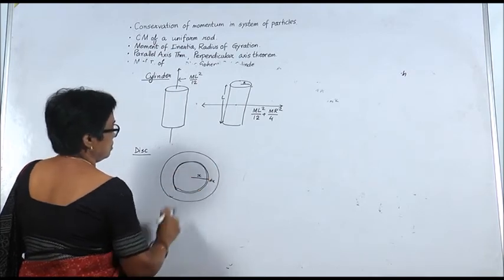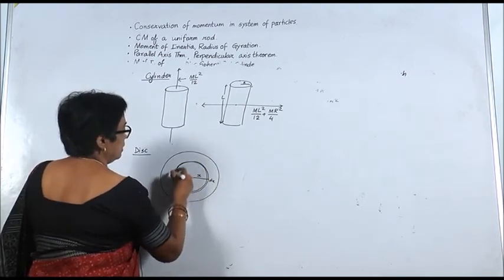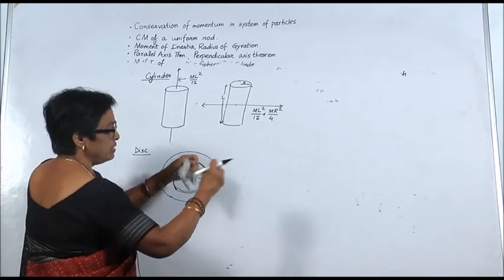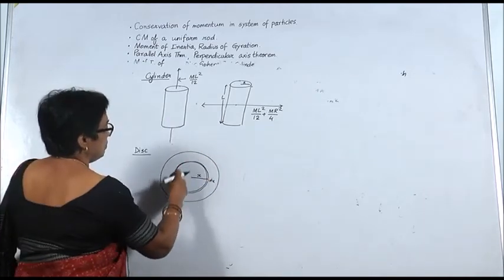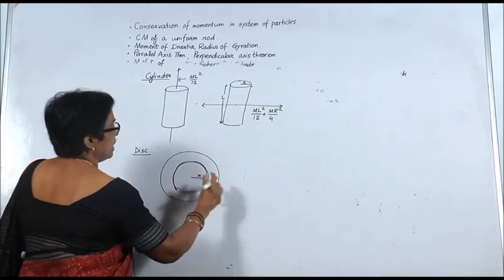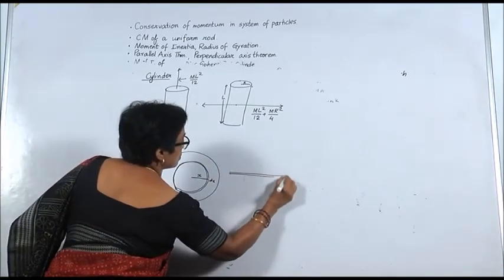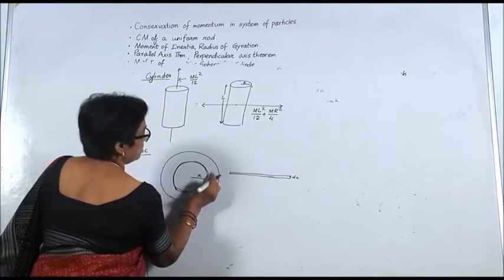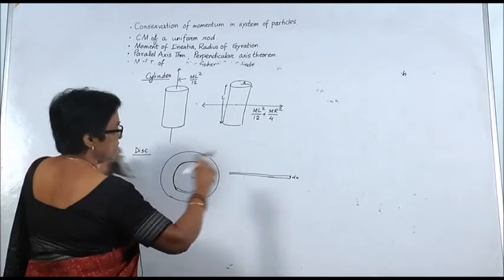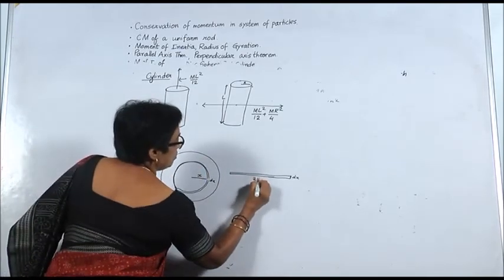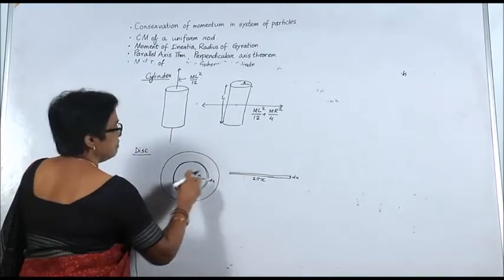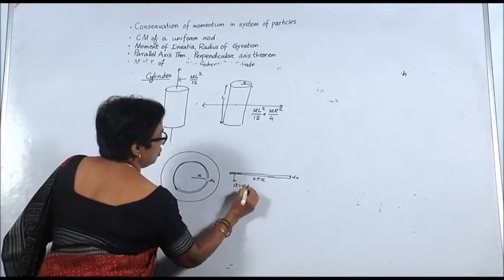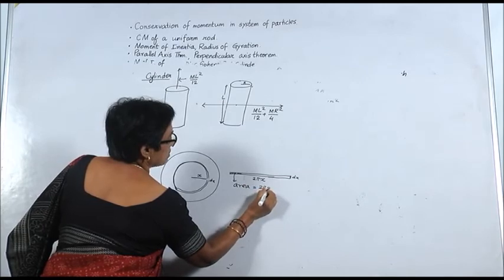If I take this ring, cut it at one point and straighten it, I will get a strip whose thickness is dx, and this length will be 2 pi x, the circumference. So the area will be 2 pi x dx.